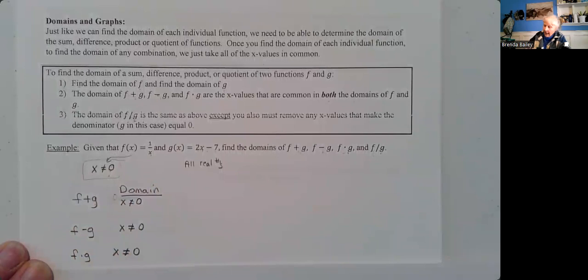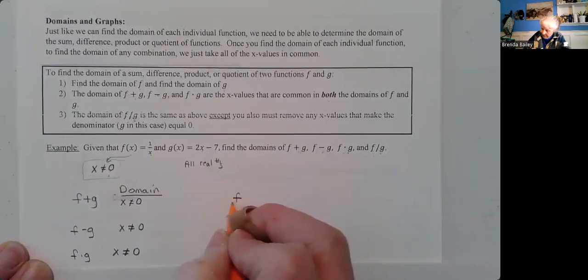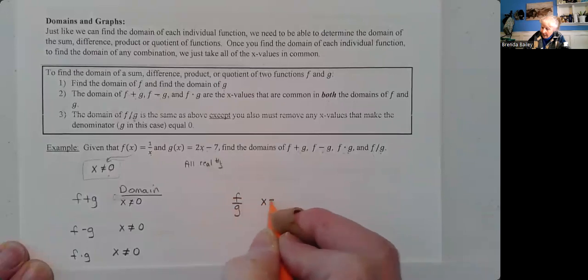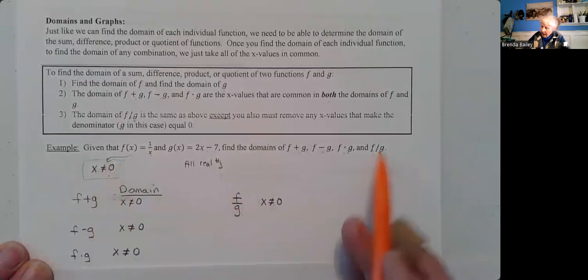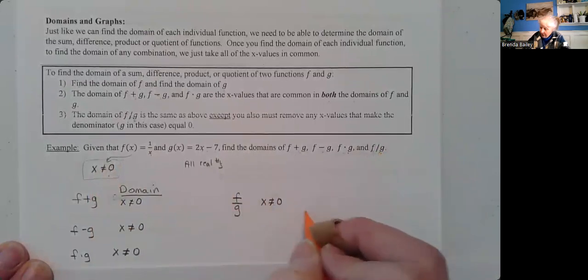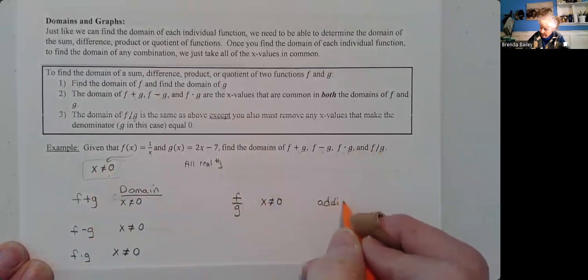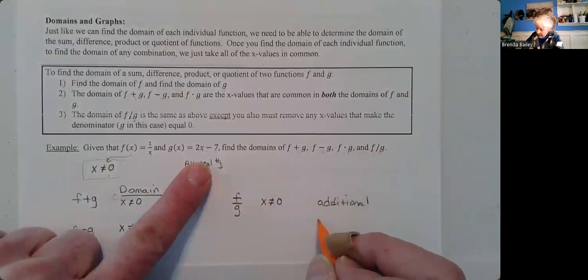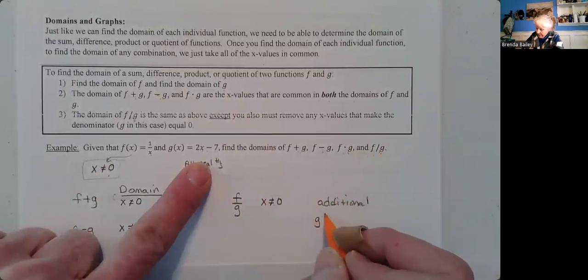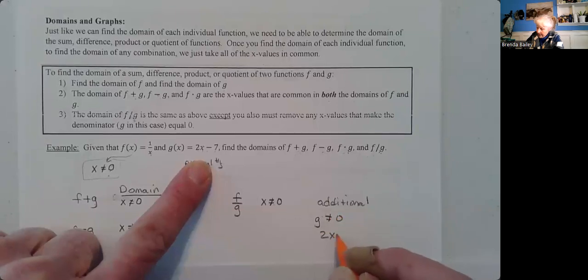The domain of f over g is x cannot equal 0 plus another one. All of these have this restricted domain, but this one has an additional restriction: the denominator, g of x, cannot be 0, so 2x minus 7 cannot be 0.